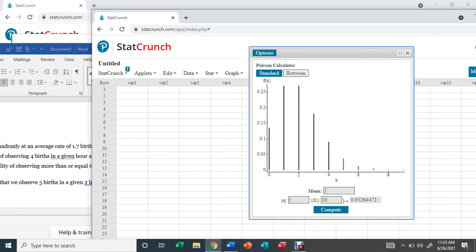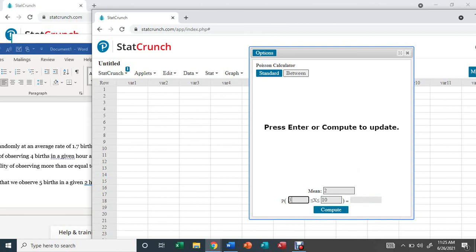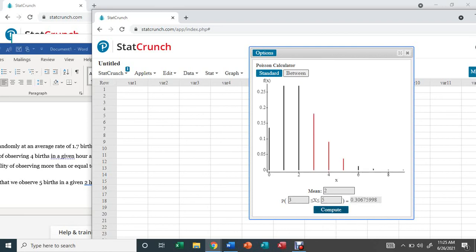So you can do between 3 here, 5 here, and hit compute. So it's about a 31% chance that the company will be selling between 3 and 5 homes tomorrow.